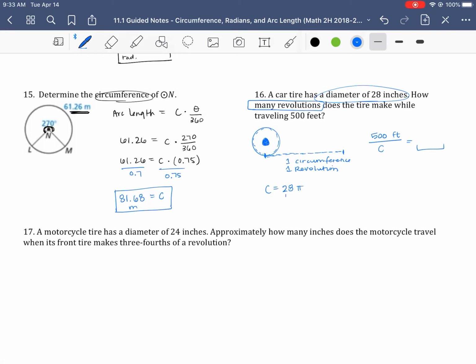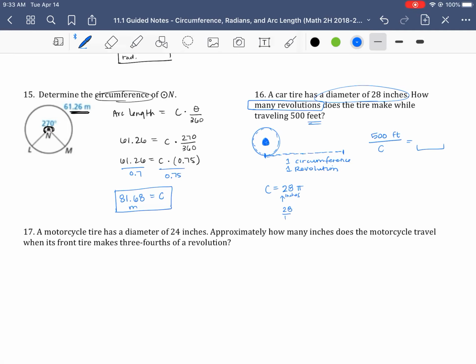So 28 pi. But notice that's in inches, and you want to know with 500 feet. So you can either convert one way or the other. To convert inches to feet, we just divide by 12.